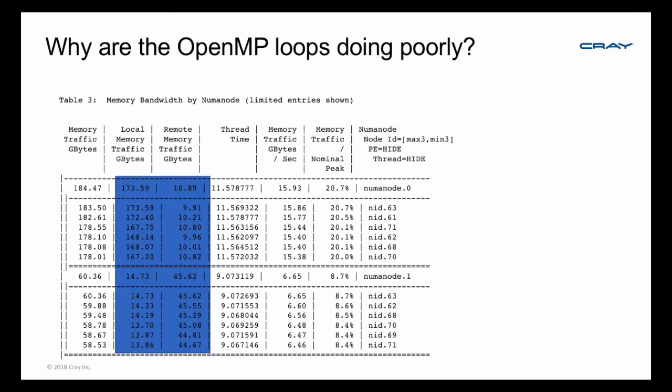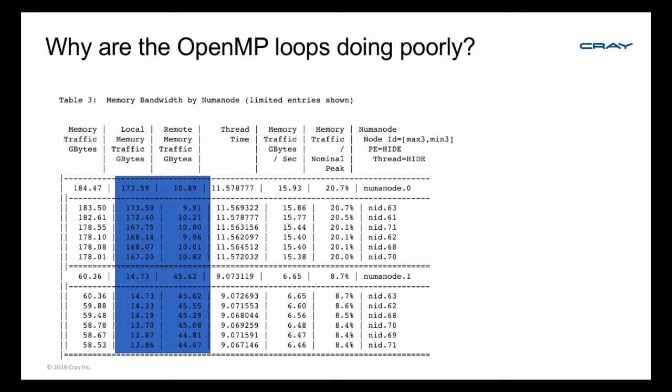NUMA node 0 is socket 0, and NUMA node 1 is the second socket. Now notice the local memory traffic in NUMA node 0, and this is in gigabytes. Remote memory traffic is the traffic getting data from the other socket.